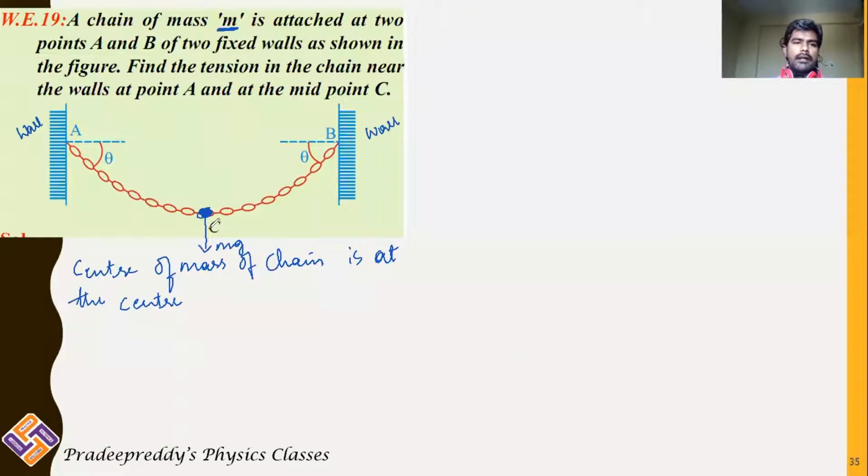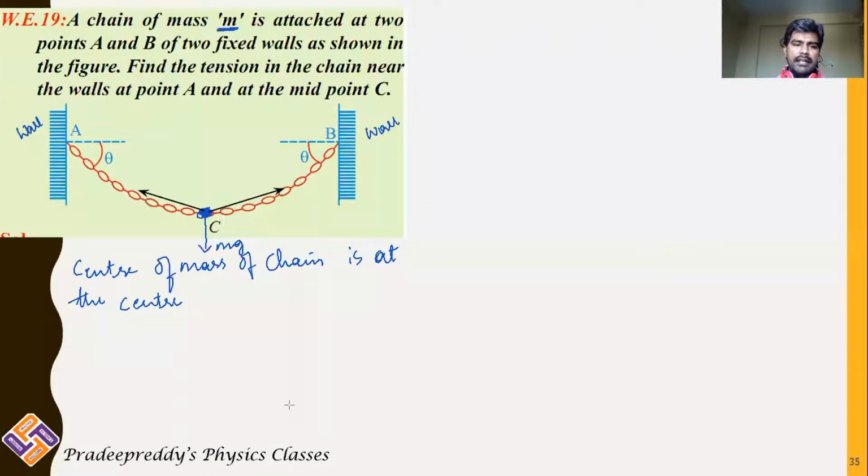But as the gravitational force is acting in downward direction, this chain would fall down. But is it happening so? Chain is not falling down. It means that there is some force, some other force acting along this chain in this direction and as well as in this direction.